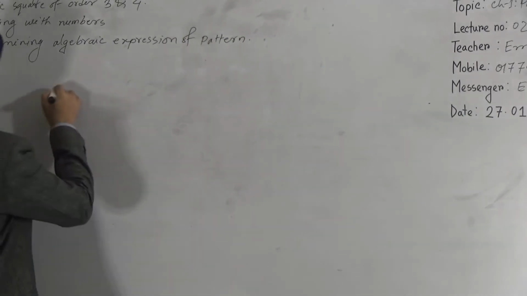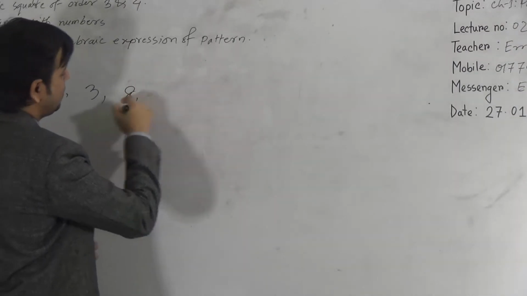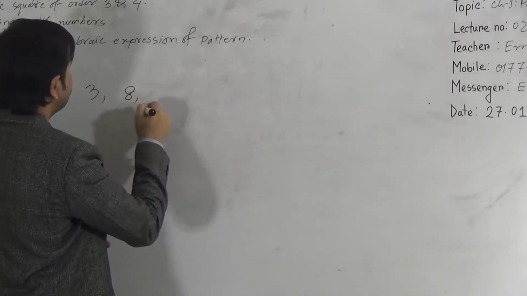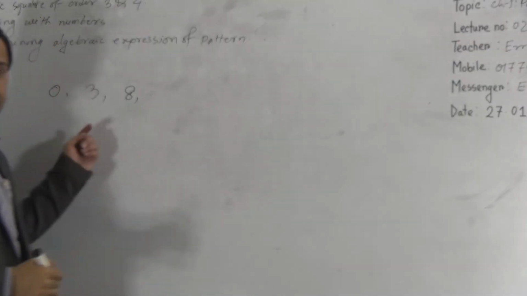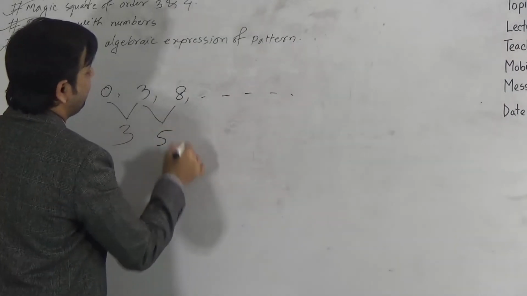Here the pattern is 0, 3, 8. If we observe this pattern, the difference between two consecutive terms is 3 here, then 5.